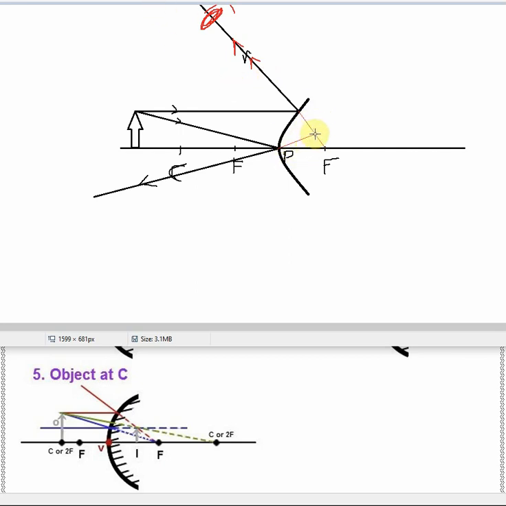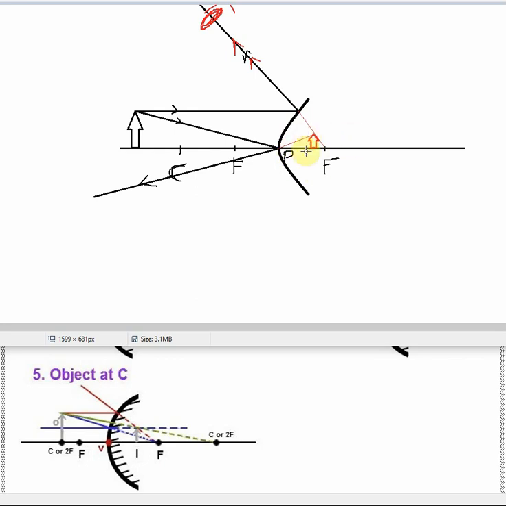Right here I will draw the image with the red color only. Image is too small. Let me redraw that. Okay, done. So this is the image.